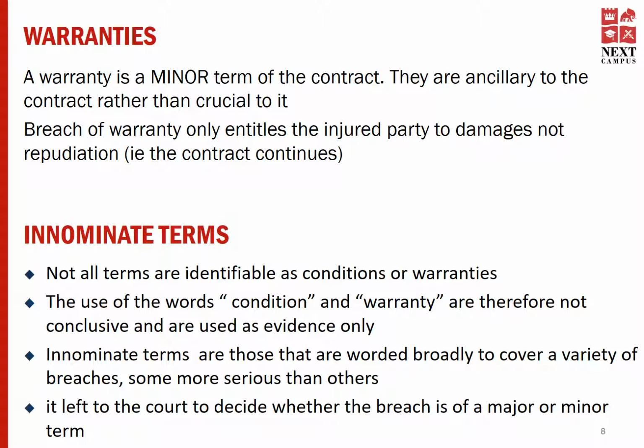It is left to the court to decide whether a breach will be major or minor within these terms. So we need to understand that not all terms are identifiable as conditions or warranties. The use of the words condition and warranty is therefore not conclusive and is used as evidence only.